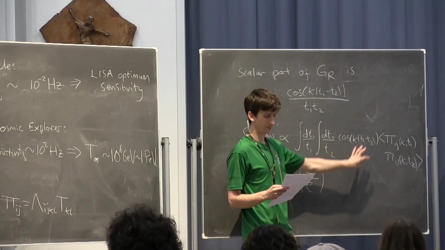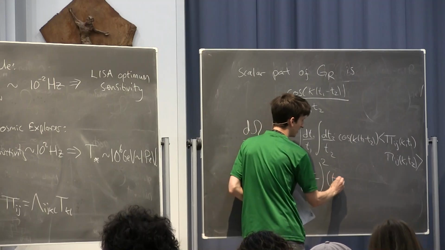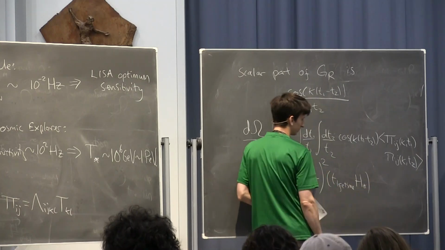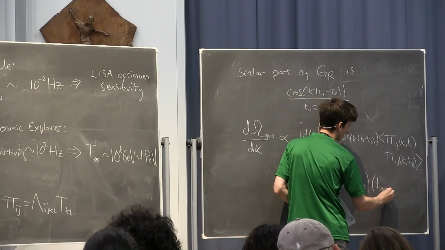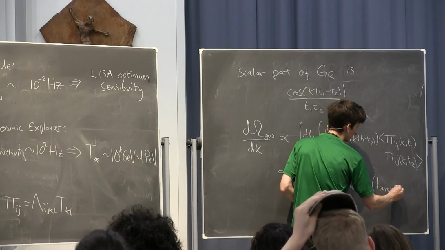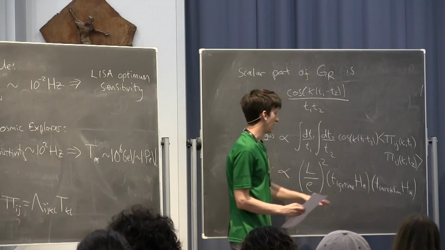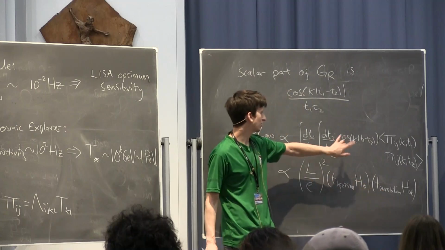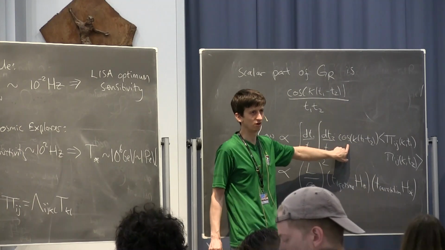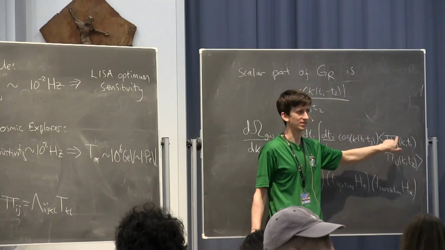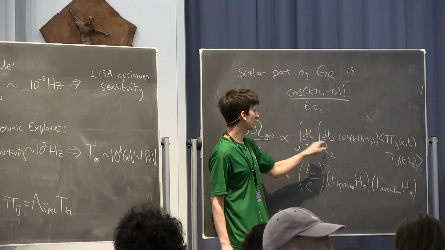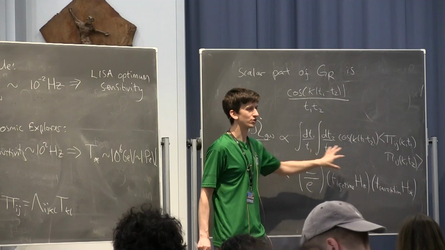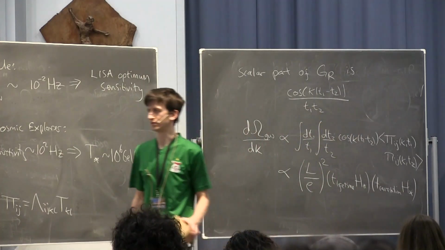And then this convolution is going to give us something like t lifetime in units of H, and then t correlation in units of H. So how long the source lives for, and how long the source is correlated or autocorrelated for. Because when it's no longer correlated, this cos is going to give us 0, basically. So it's only the bit where the source is correlated with itself that's going to contribute to the integral, and then because it's a double integral, it's also going to be the lifetime. So this is the general scaling behavior of the gravitational wave amplitude.